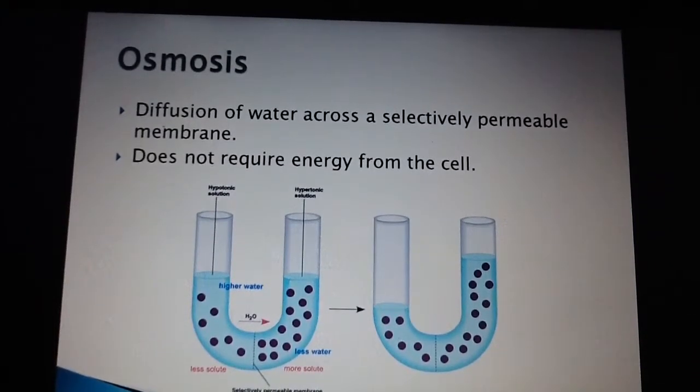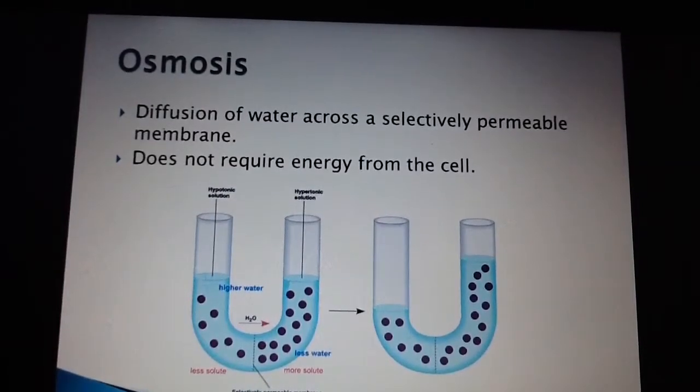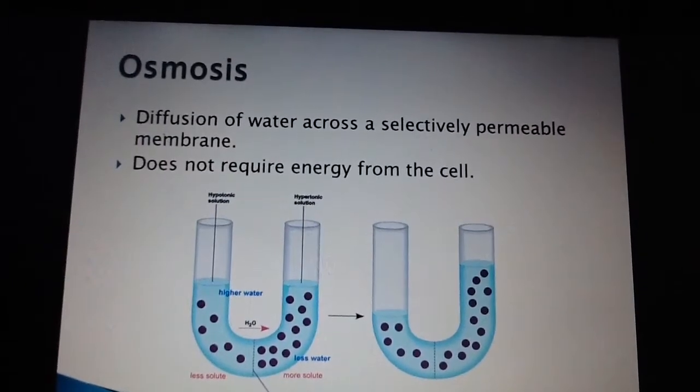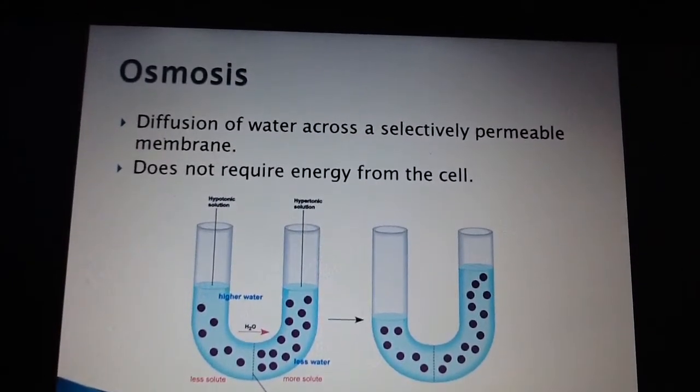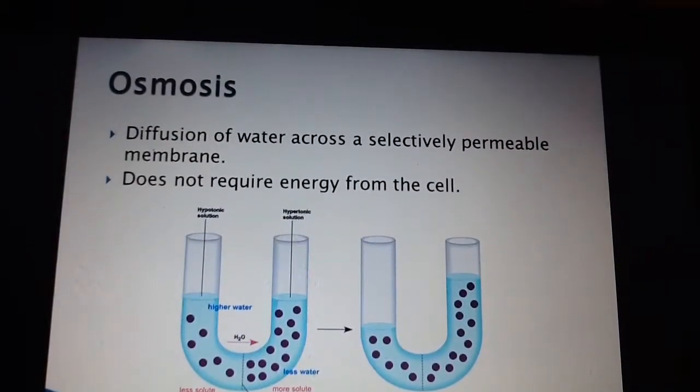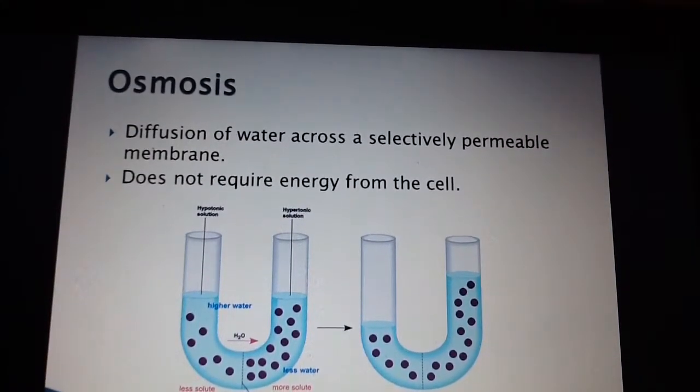Take a look at this diagram and try to make some sense of it before I explain what exactly we're looking at. I'll give you about 5 seconds to do so. In this particular diagram, the side on the left would be water going into the cell membrane.